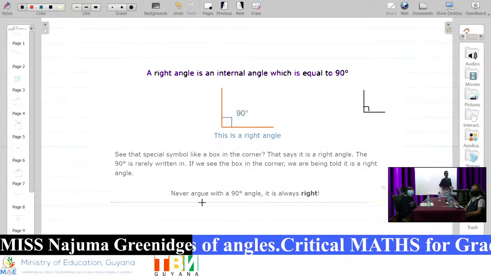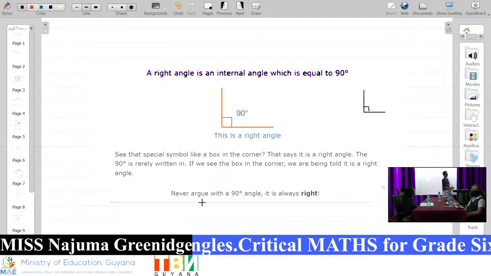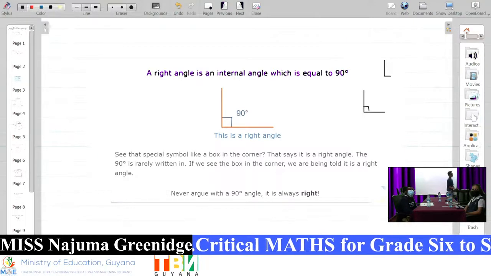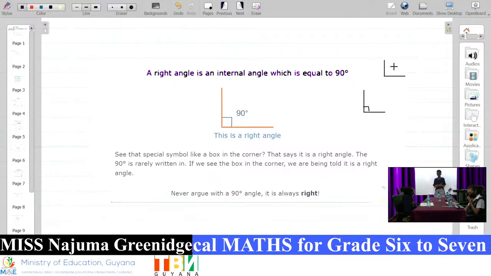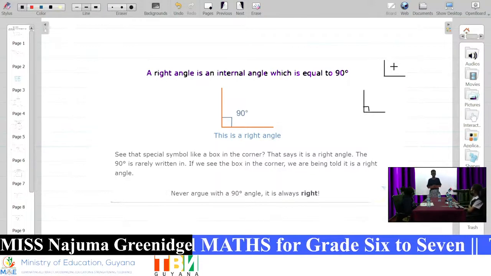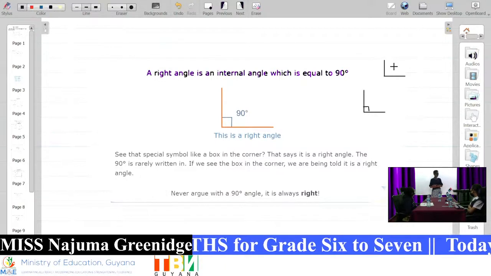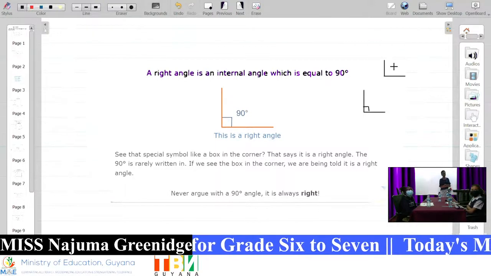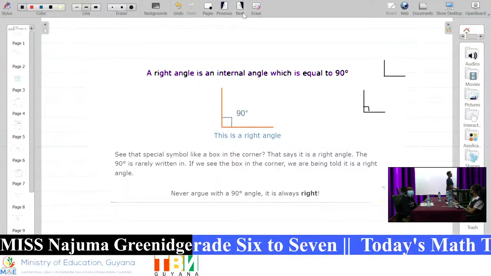So you must understand that it's a right angle. So once you see that, it's a right angle. If you see an angle and the symbol is not in there, do not assume that it is a right angle. All right, so an indication for a right angle would actually be the symbol that you see there, that we have like a little square in the middle there. All right, so moving on.